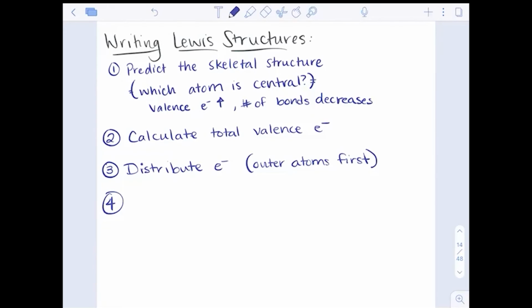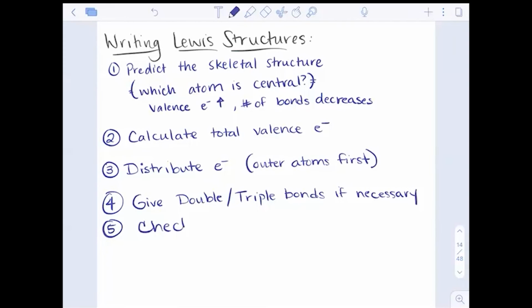The last couple ones that we have, again, give double and triple bonds, if necessary. We'll identify what that means, and then we'll do a check.